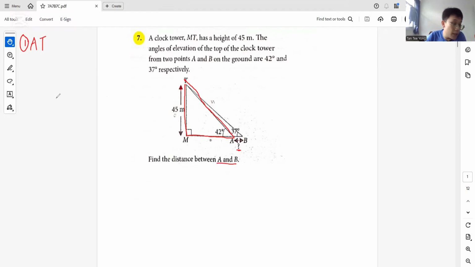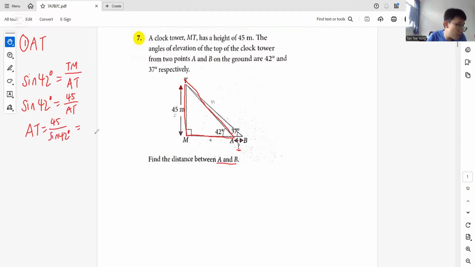So sine 42 degrees equals opposite, TM over AT. So sine 42 degrees equals 45 over AT. So AT equals 45 over sine 42 degrees, which equals 67.2514.